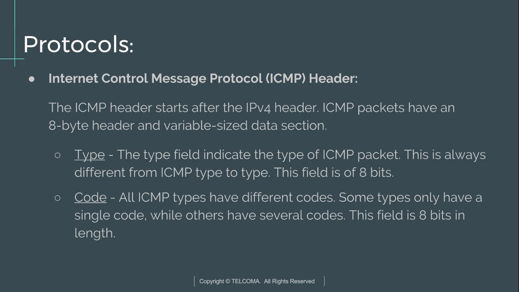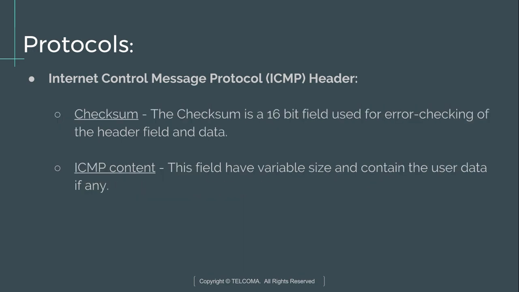All ICMP types have different codes. Some types only have a single code while others have several codes. This field is 8 bits in length. Checksum. The checksum is a 16-bit field used for error checking of the header fields and the data. Whereas ICMP content is of variable size and contains the user data.